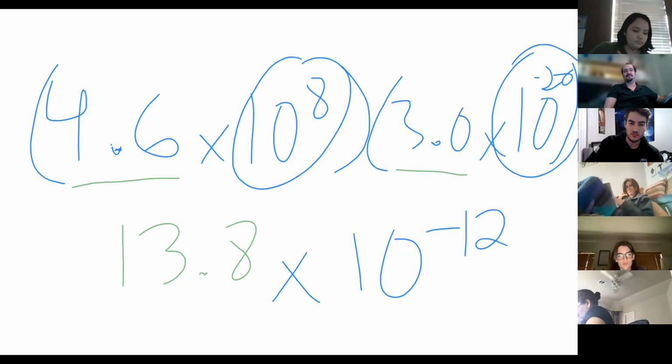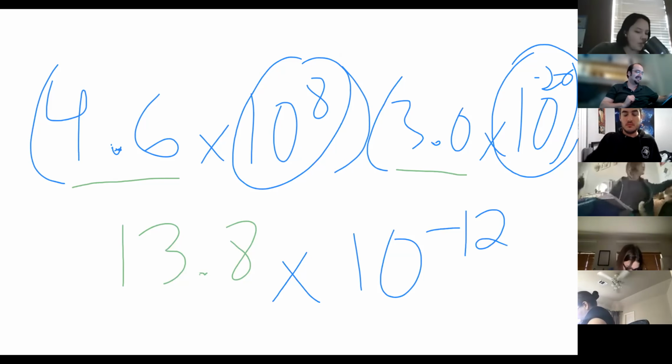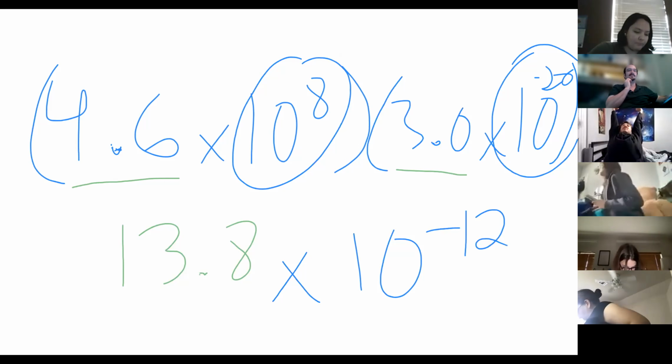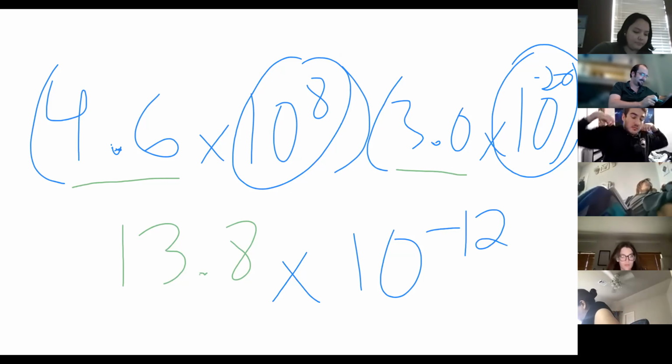That is good. There is one little thing. That is how we do the multiplication, how we do this operation. We just have to clean this up a little bit. That is almost scientific notation, but it's not quite there. There's one extra little thing we have to do.